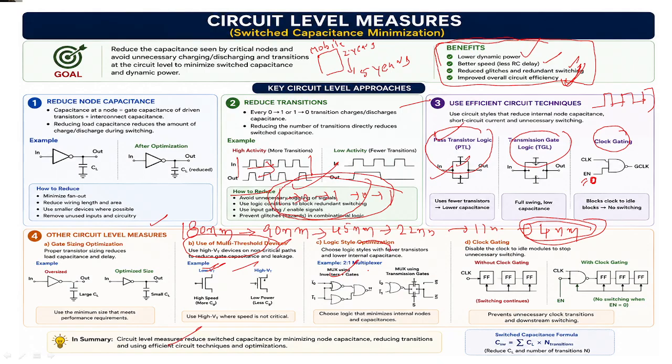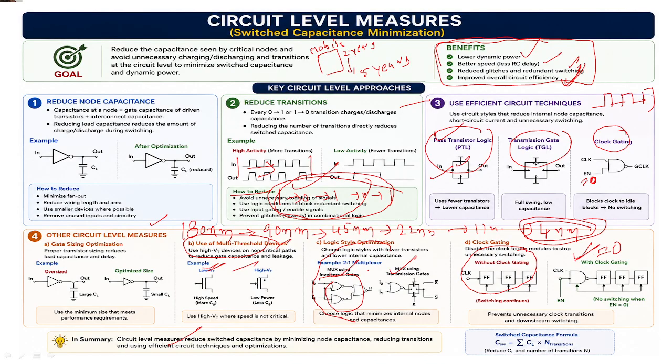Logic optimizations can also be used to reduce the power consumption. Without clock gating, a circuit may consume more power, but while using clock gating we can reduce it when it is not required.